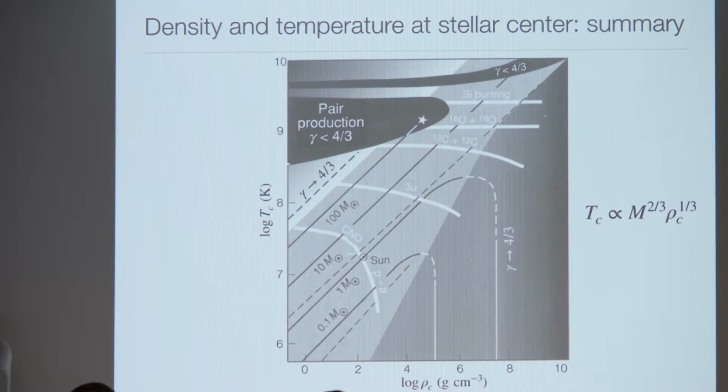And another interesting result is if the mass is extremely high, then there's a region of instability here, and the star can enter this other region, which can cause another fate of the star, which is going to be discussed this Friday.